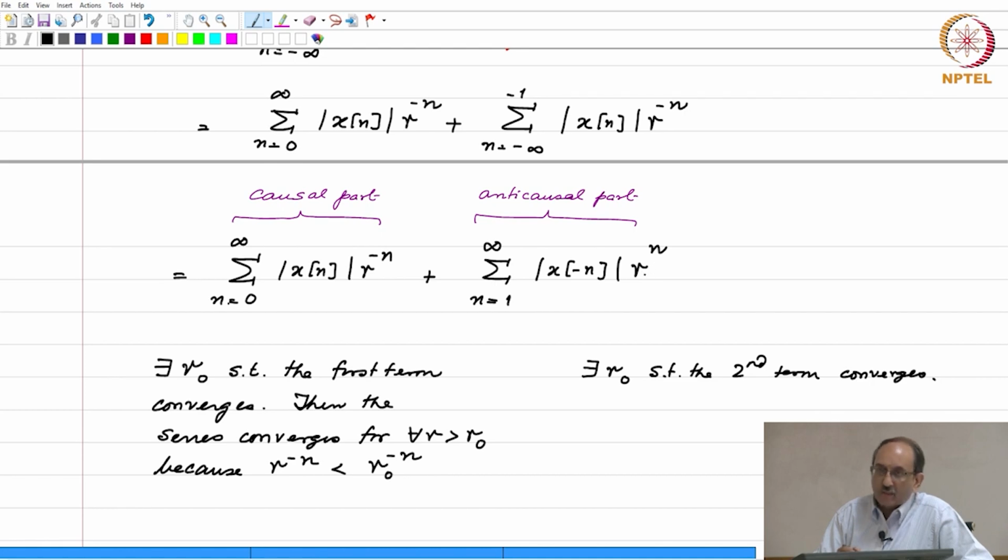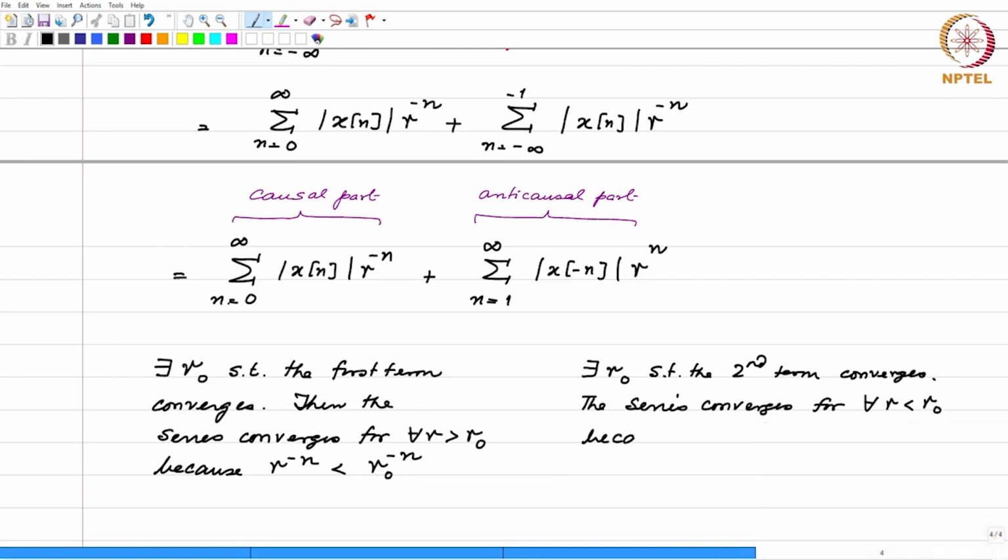Therefore, any radius that is smaller than R will decay faster, and hence by the comparison test, if the series converges for R naught, the series will necessarily converge for all values of R that are less than R naught for the second term. So, the series converges for all R less than R naught, because R power n will be less than R naught power n.